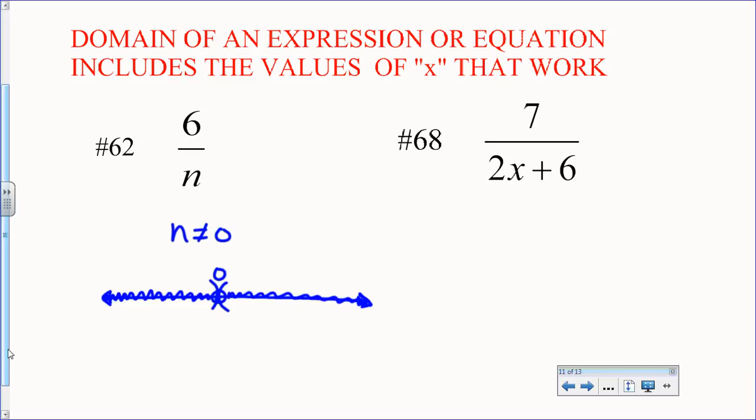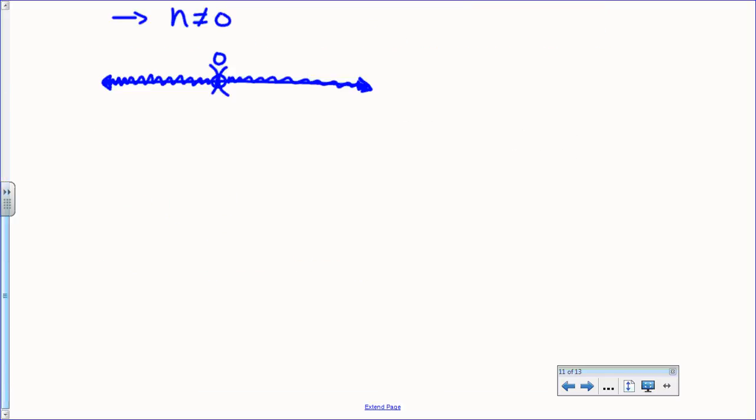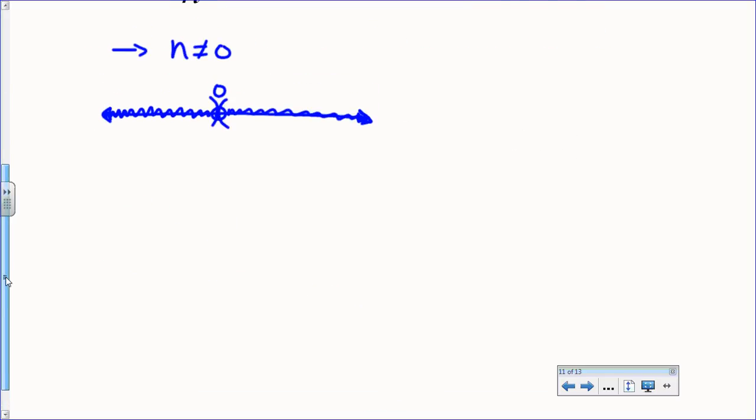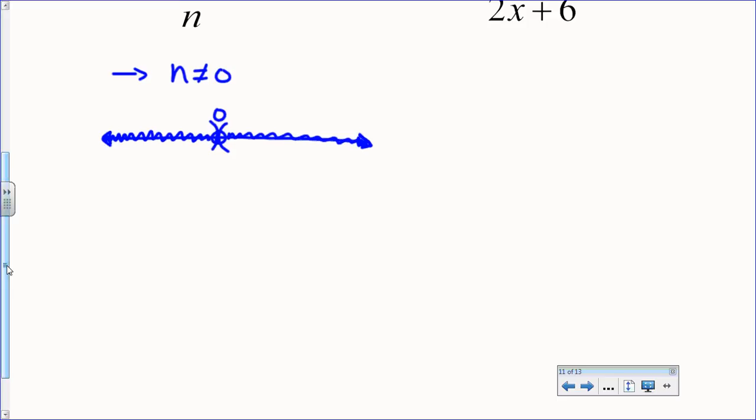So this is the disclaimer, but I want to write the domain, which is the values that do work. Well, actually, in this case, it's n. So n can be anything from negative infinity up to 0, but I'm not including it, so I use parentheses.